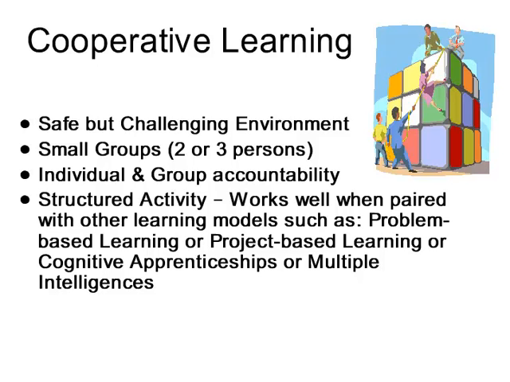You can also use cognitive apprenticeships as a guideline for what you do to support the learning that goes on. You can also use multiple intelligences as a model with cooperative learning. Cognitive apprenticeships, in fact, says that cooperative learning is a key element of the process. So pairing it up with other theories is perfectly appropriate.